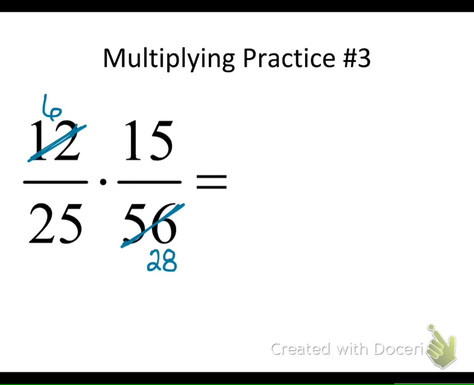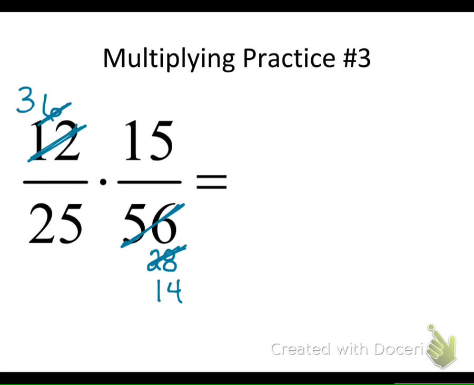Can I continue to reduce 6 and 28? Are they even numbers? Yeah, if they're even numbers, they're always divisible by what? 2. So what's 6 divided by 2? 3. What's 28 divided by 2? 14.